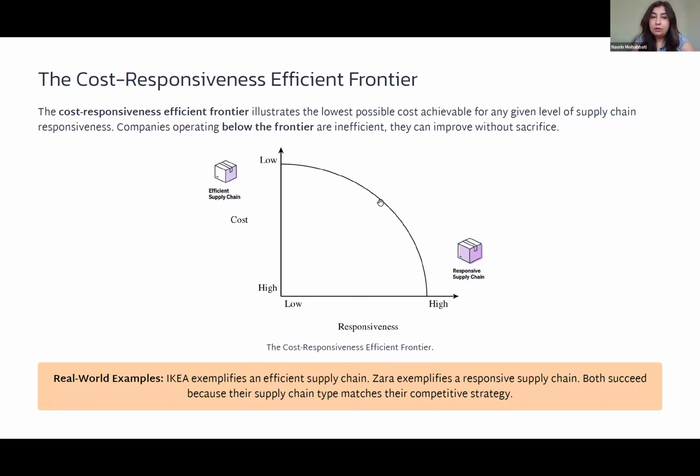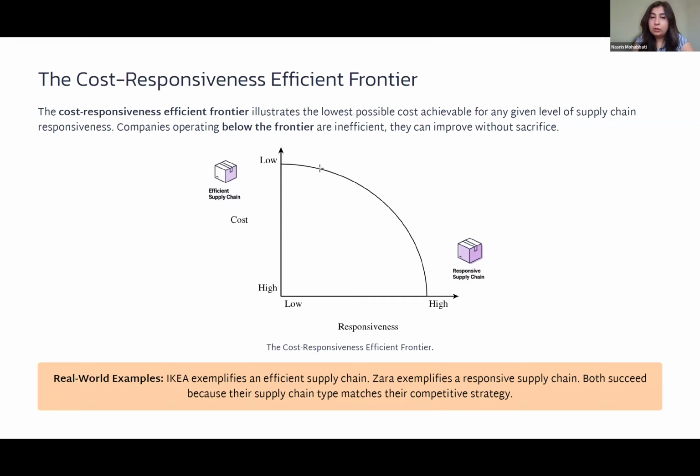In order to be on the frontier, we can only be on this curve. So low responsiveness can be low cost. Low cost means cost efficient supply chain, not responsive supply chain.